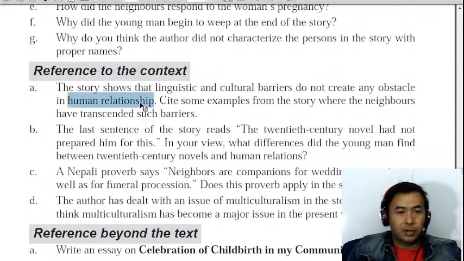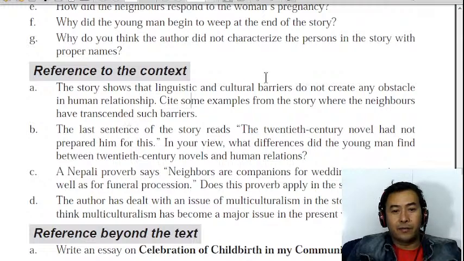So in the neighborhood, they all started grooming up. Cite some examples from the story where the neighbors have transcended such barriers. They brought timbers. They brought the ideas of plantation. They brought something that they needed. They also came up with some gifts, chocolates, cigars, etc.